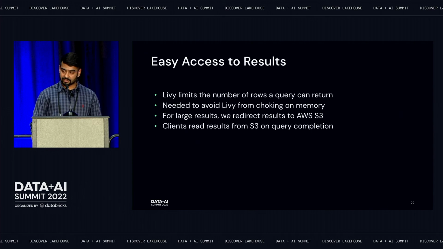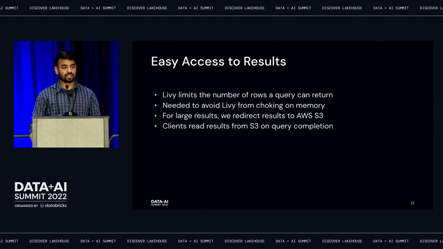And this alleviates not only the concern of memory on Livy, but also on the driver, because now that huge result set is not flowing through the driver or Livy at all. Because we had our custom client, BigPy, we made changes to it so that it can directly pull the results from the S3 location. So this helped us meet our requirement for easy access to results.